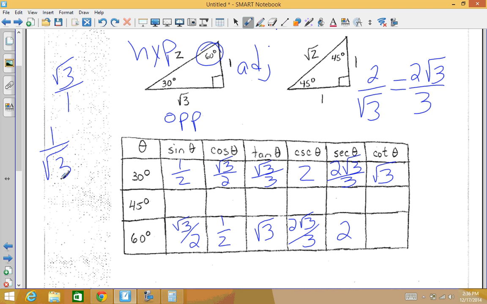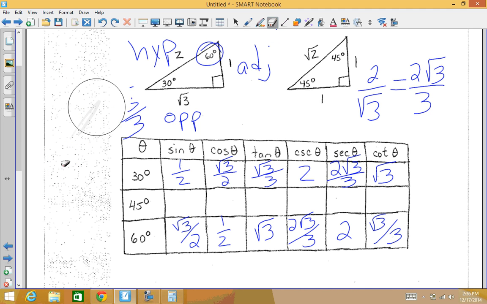Getting rid of that radical, we get the square root of 3 over 3. Hopefully what you see here is that all the answers for 60 are pretty much the same answers that you had for 30, because they both came from the same triangle.